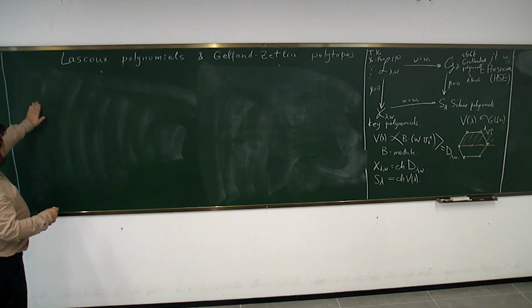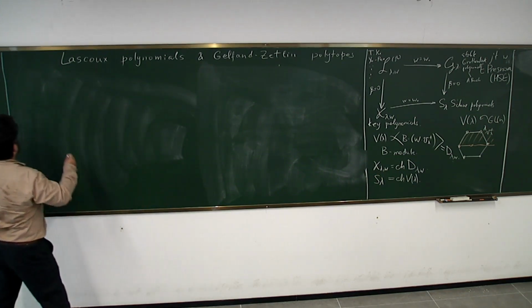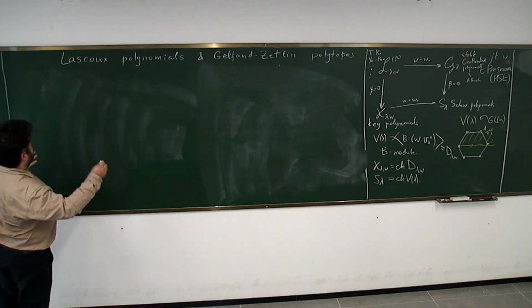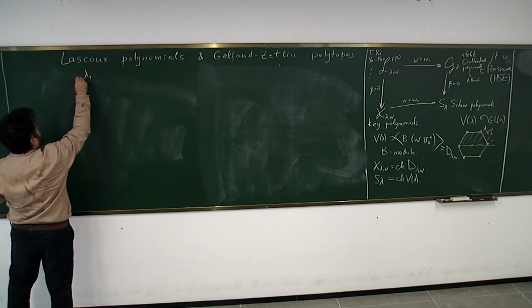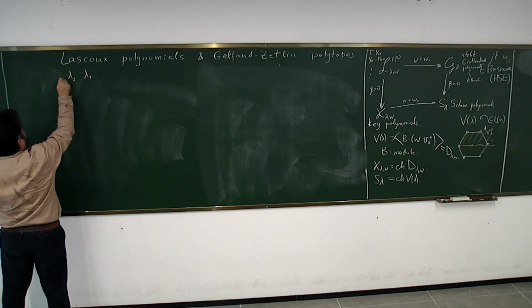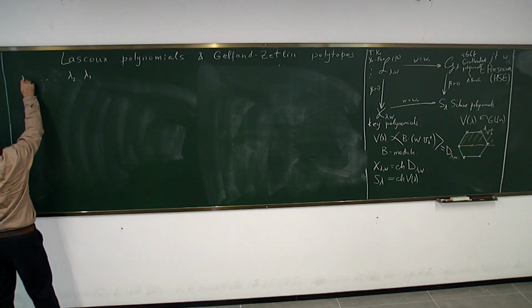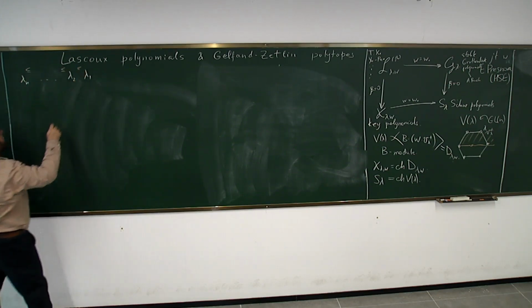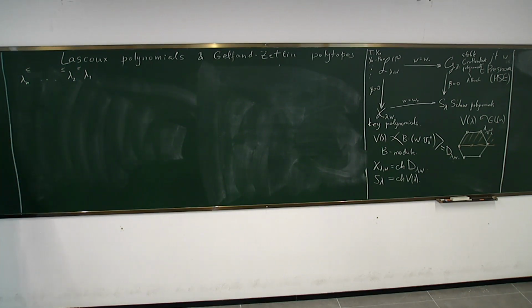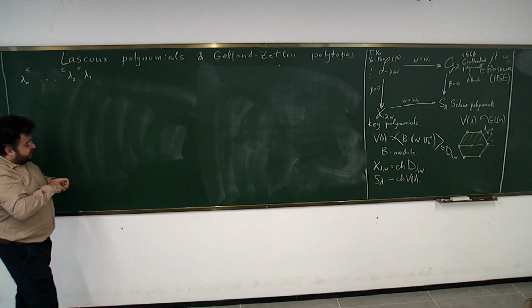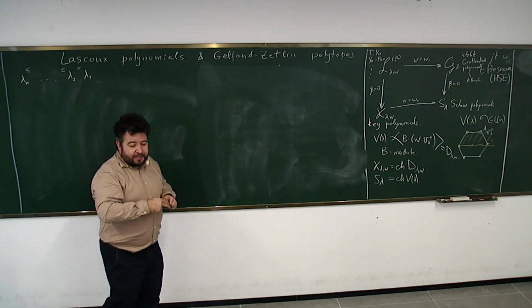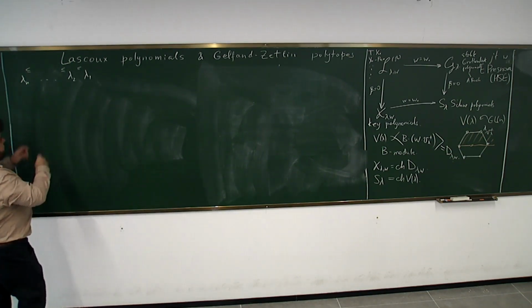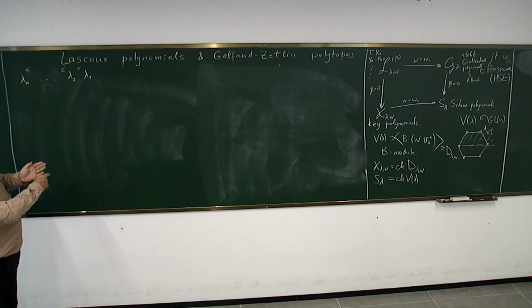So we start with a sequence lambda, let me now order these lambdas right to left in weakly increasing order, and let me now introduce what we call the Gelfand-Zetlin pattern. This will be a triangular tableau of numbers.